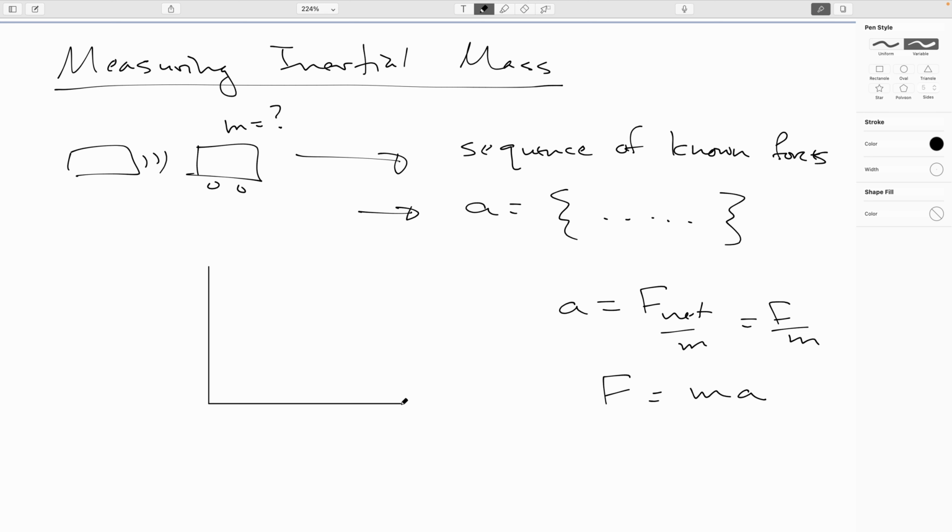of the applied forces against the accelerations like so, and don't get your tail in a twist here and say, wait a minute, the manipulated variable is the force and the responding variable is the acceleration. Shouldn't it be the other way around?